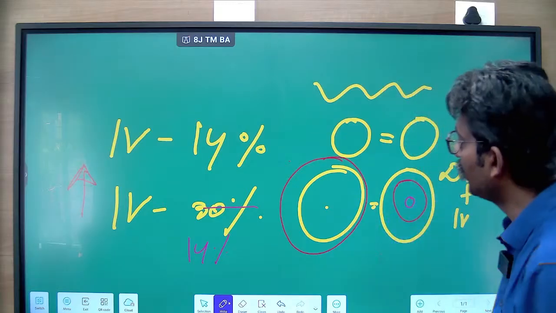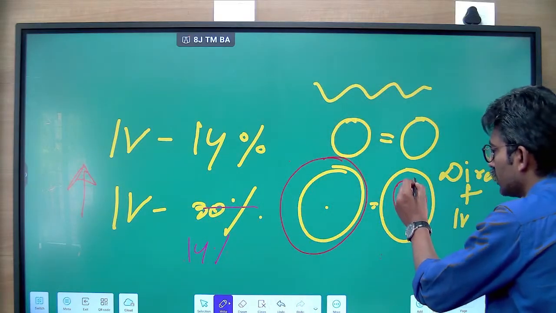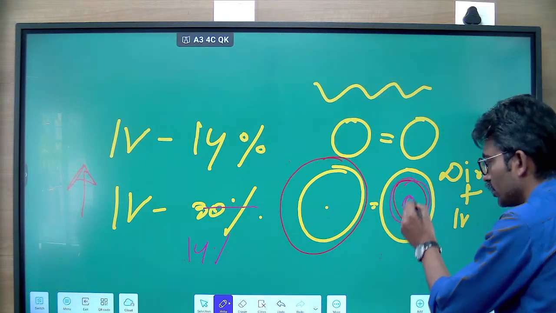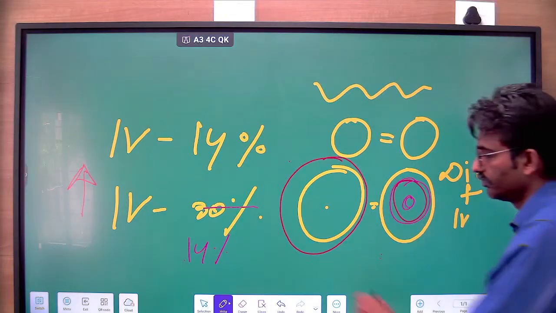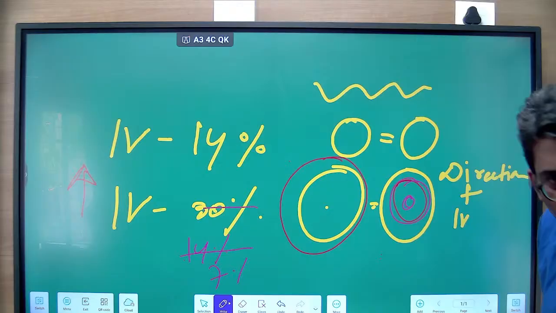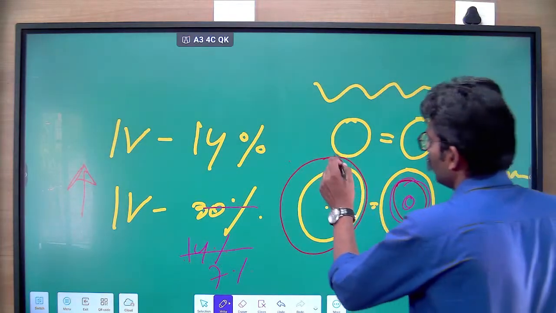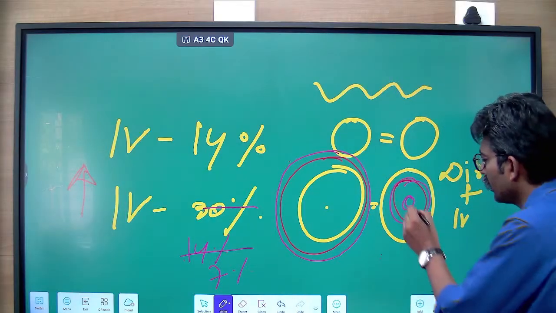Drop this from 30% to 14%, and immediately this one will shrink from this to this. Drop this further to 7%. Market keeps moving up, but volatility keeps dropping. Market keeps moving up, so this will slightly become bigger, not very big, and this will shrink even further.